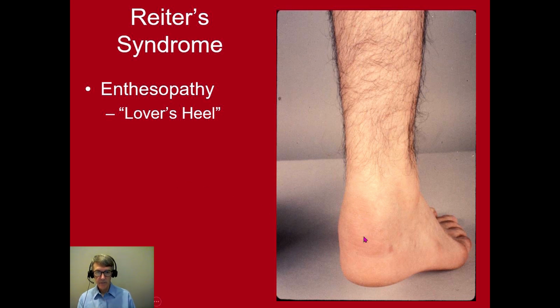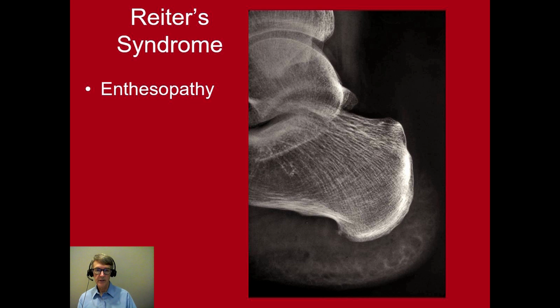This is an inflammation of the Achilles into the heel, and there's swelling here. The name lover's heel came from the fact that this can be associated with or set off by a venereal disease. Again, this is an example of that. Again, what one sees here is that at the insertion of the plantar fascia into the calcaneus, there's a little erosion of the spur, implying an inflammation or an enthesitis.